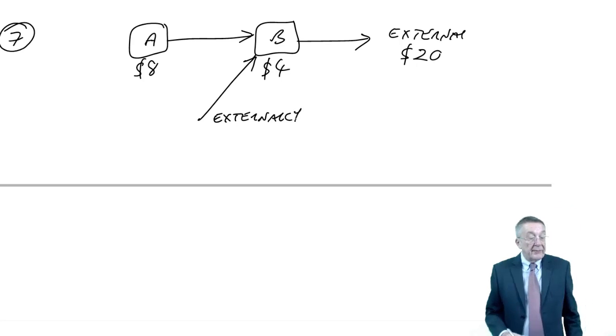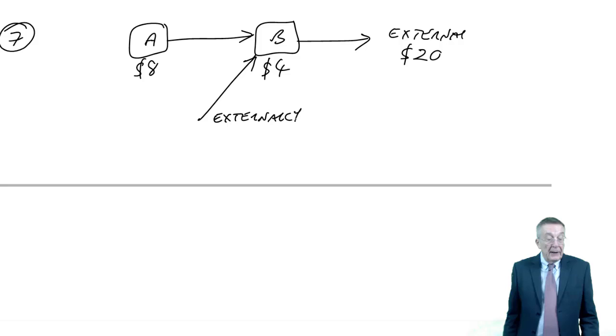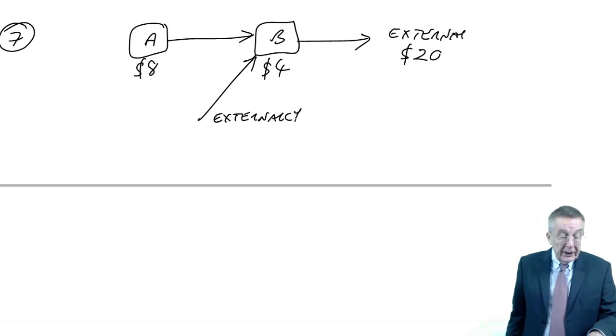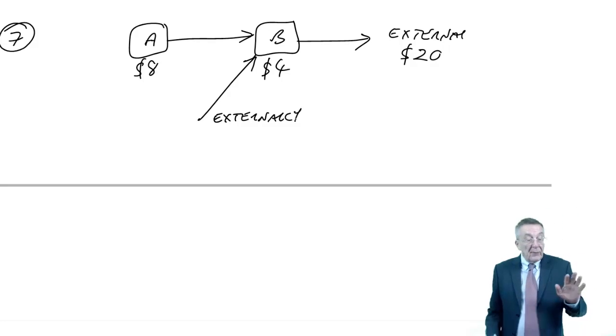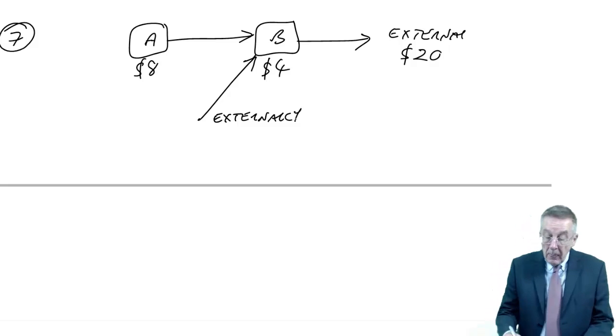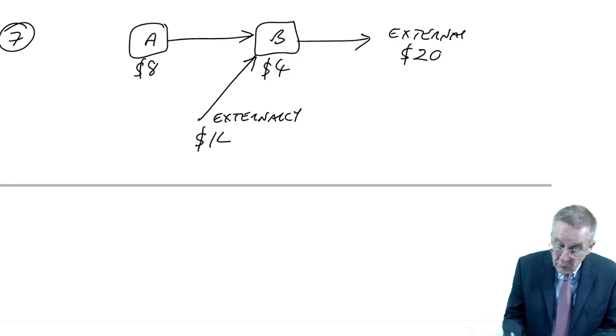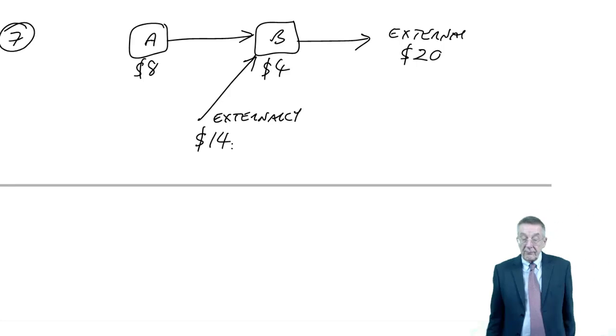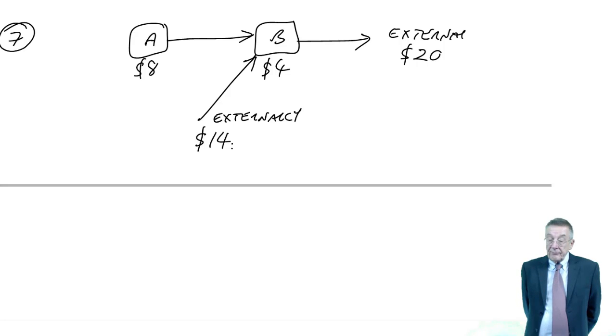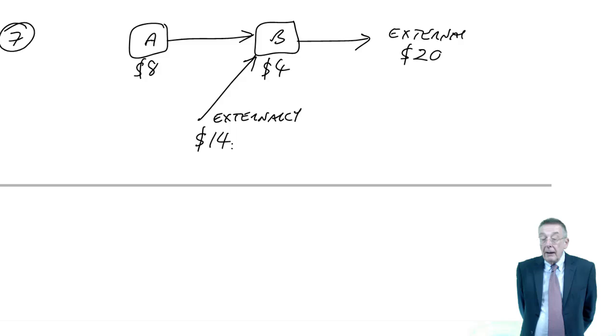And in fact, 7 is 2 separate questions. They can buy part finished goods externally. Let's look what happens, A, if they can buy outside at 14. So there we are.